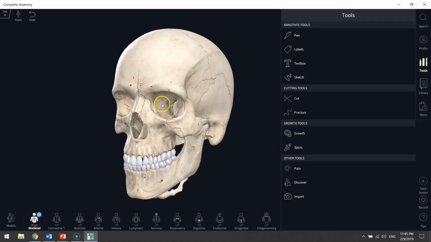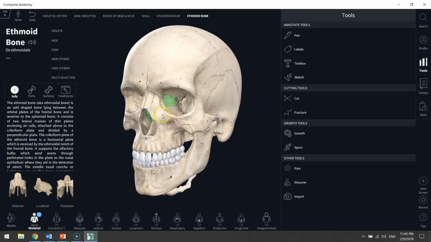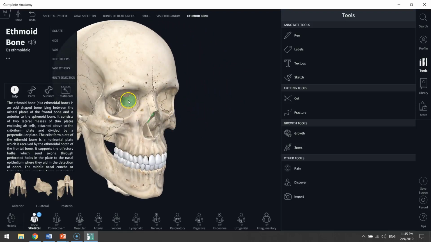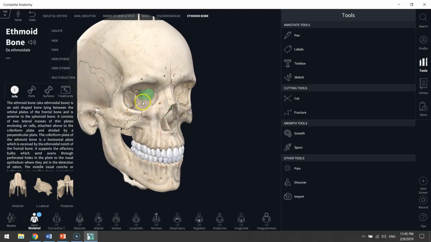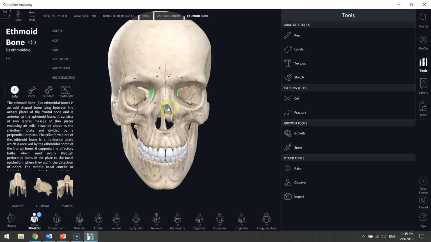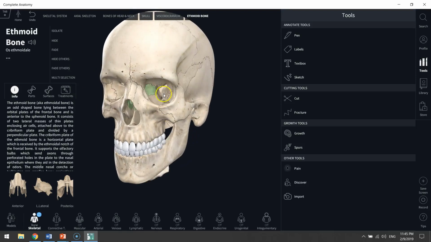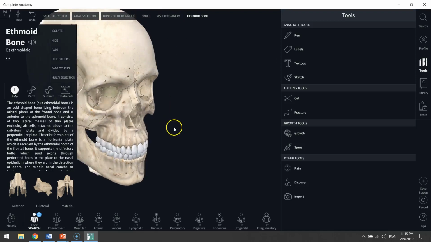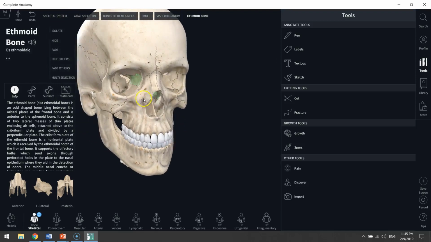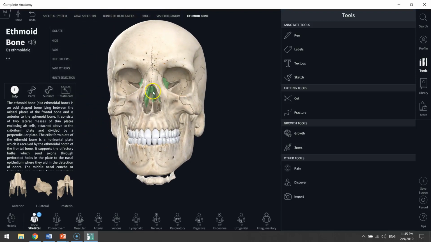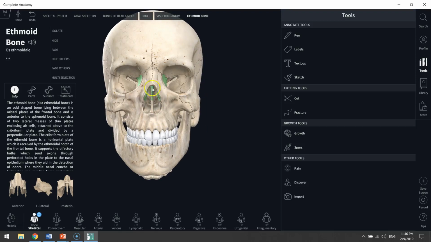Here's the ethmoid bone in the 3D model. As you can see, it is a single midline located bone. It forms the medial wall of the orbit. The perpendicular plate extends downward into the nasal cavity and forms the nasal septum with the vomer bone.